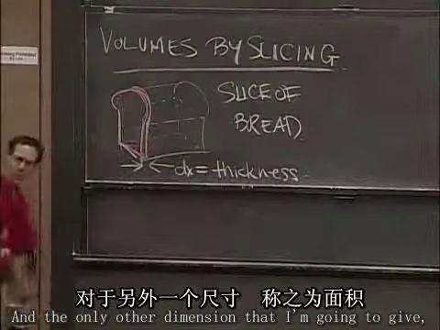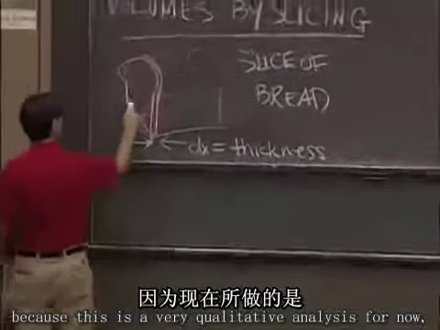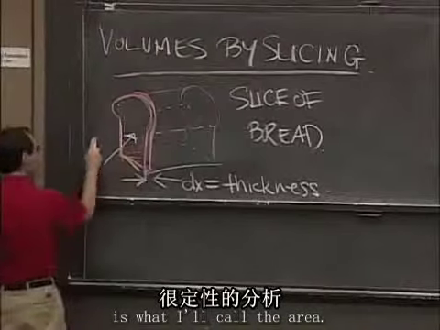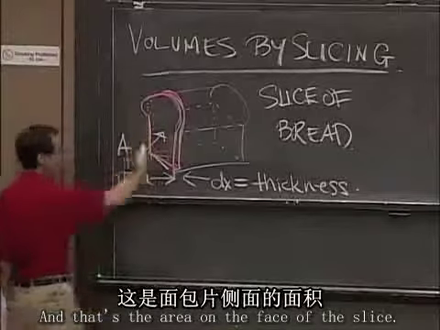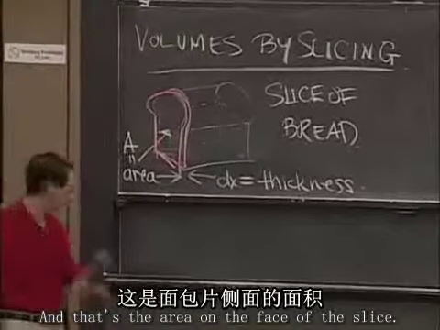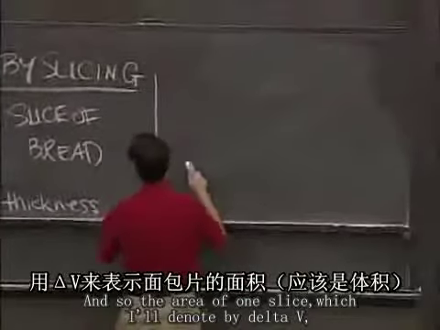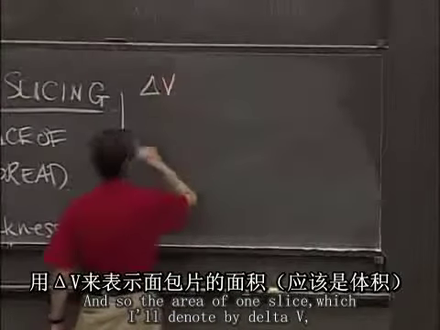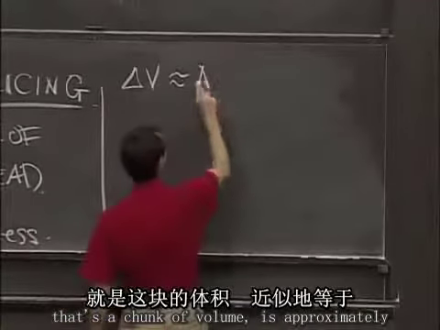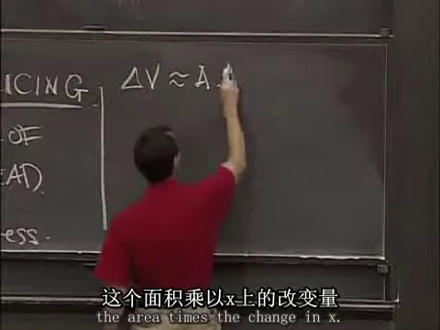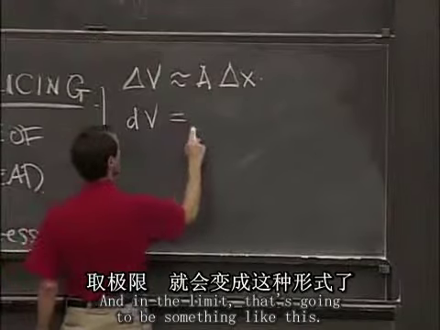And the only other dimension that I'm going to give, because this is a very qualitative analysis for now, is what I'll call the area. And that's the area of the face of the slice. And so the area of one slice, which I'll denote by delta V, that's a chunk of volume, is approximately the area times the change in x. And in the limit, that's going to be something like this.